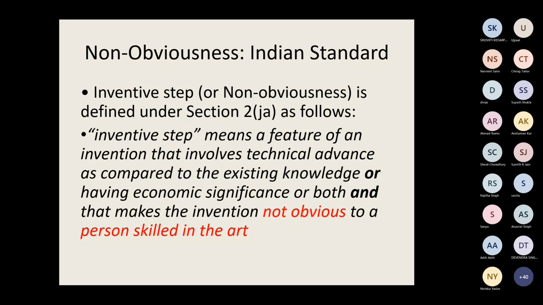Now, making it simple, for the inventive step, documents should be considered. We found A and B. Now we can combine A and B. And for inventive step, a hypothetical situation is created, like it is seen from the eyes of a person skilled in the art. Skilled in the art means he should have a basic understanding of that subject matter.